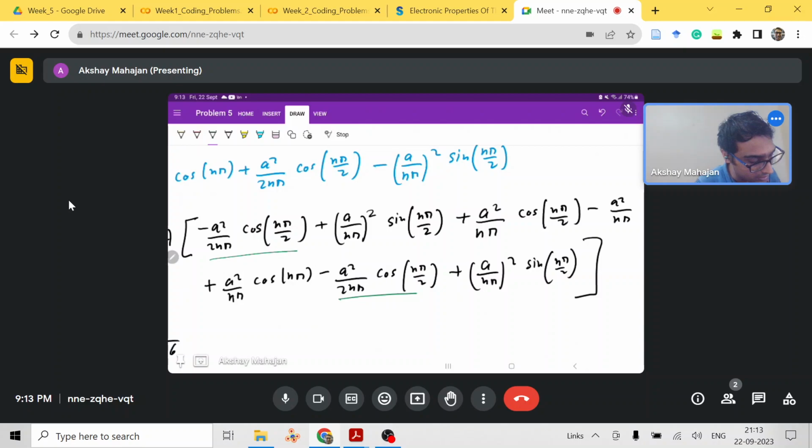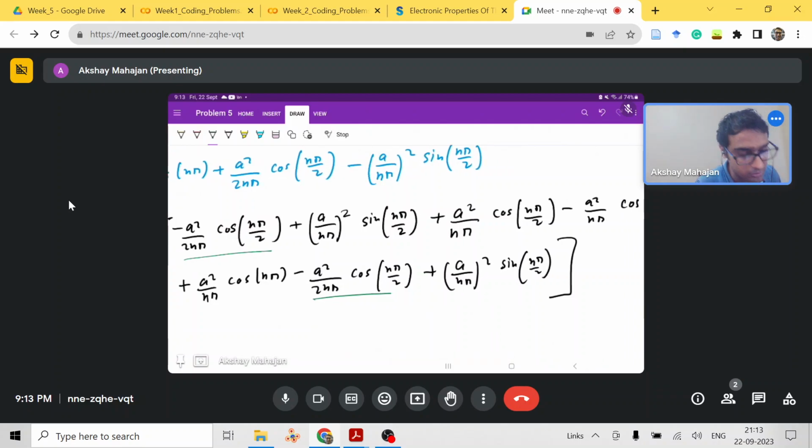So they will just add on, and we have a square upon n pi by 2. They add to give a square upon n pi, and they will cancel out with this thing. You can cancel out these three terms here. Sorry, not this one.